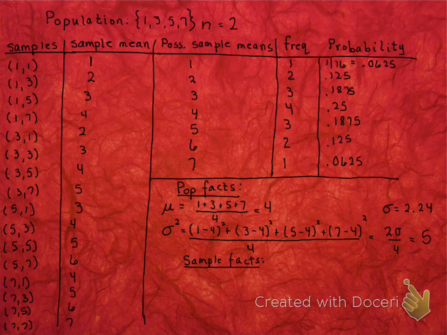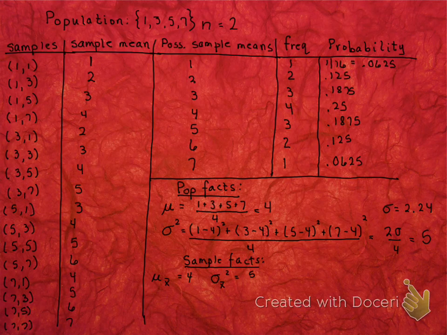So the mean is the same, okay? The mean of the sample is equal to the same mean as the population. So that's 4. Now, in order to find variance of the sample, we're going to use our correct notation here. To find the variance of the sample, we would take that 20 over 4, the variance from the population. And for this particular case, we can use the 5 because it divided evenly.